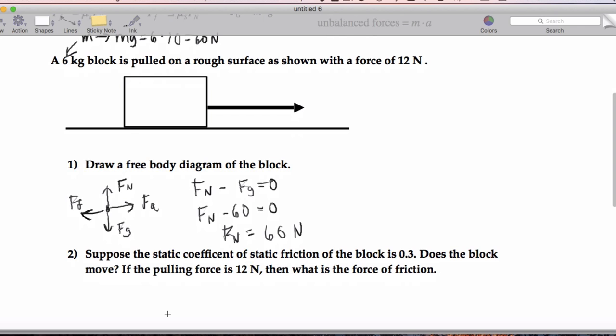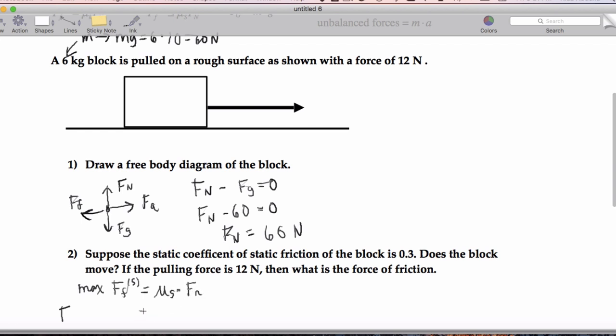So it says suppose the static coefficient of friction is 0.3. We want to know if the block moves. So we're going to get the maximum friction that we can generate in this system. The maximum static friction is equal to mu static times the normal force.